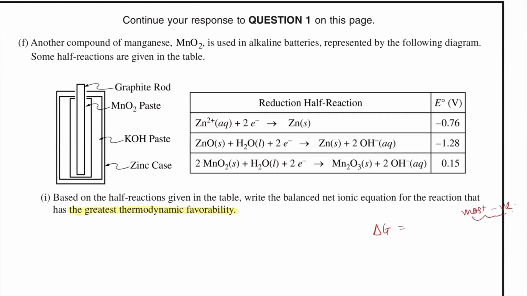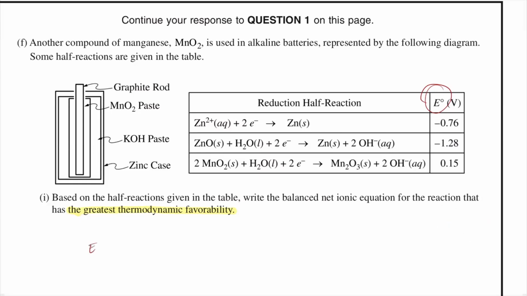And how do we relate delta G with the E naught? We relate it by delta G equals negative nFE naught. So if we have a higher value of E naught, that's going to make the delta G more negative and therefore more favorable. So we need to have the highest E naught reaction.